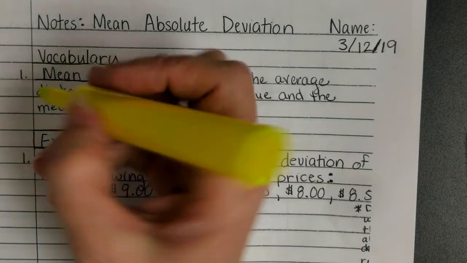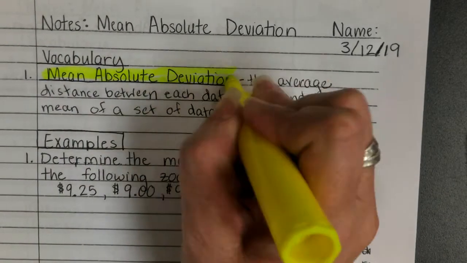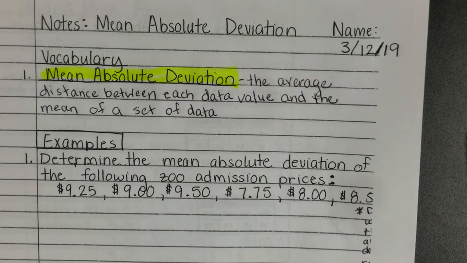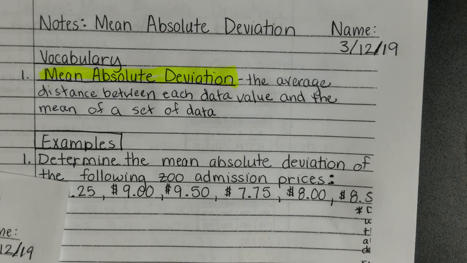Everybody's hand should be filling this in. So, mean absolute deviation stands for MAD, or we can shorten it to MAD, thank goodness. It is the average distance between each data value and the mean of the set of data.